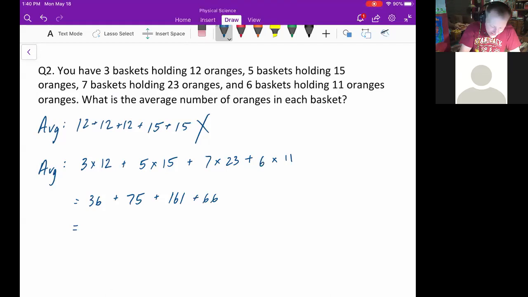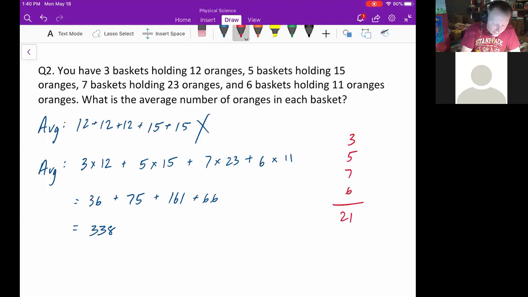So that gives us a total of 338 oranges spread out around these baskets. Now we had 3 baskets in the first one, 5 baskets, 7 baskets, and 6 baskets. So if I add all of those up, I get 21 baskets.